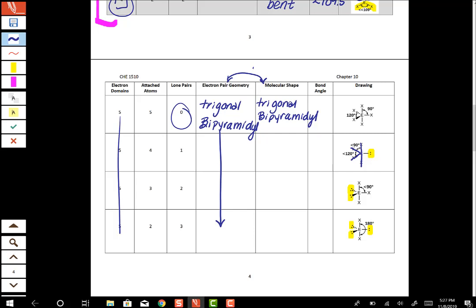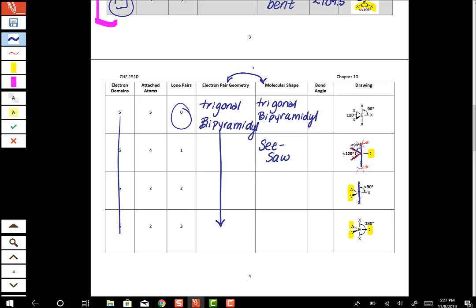So imagine there's a little human right here, and there's a little human right here, and this is like the triangular part of the seesaw, and you go back and forth and back and forth and back and forth. So this one is called a seesaw. Finally, something we can actually remember.